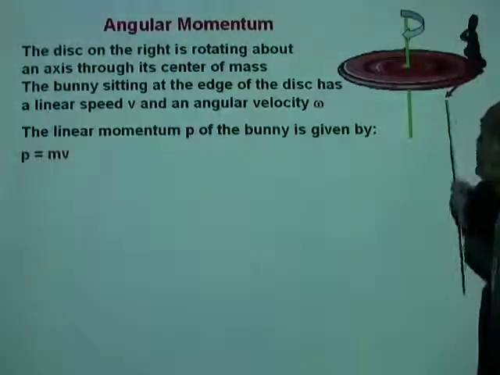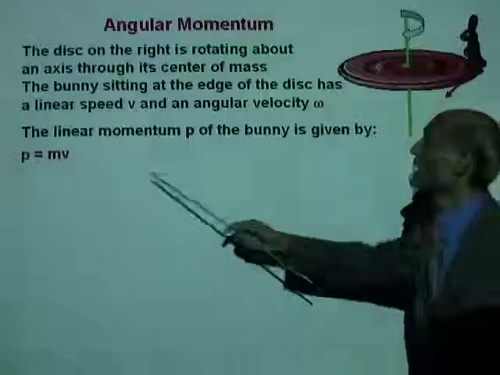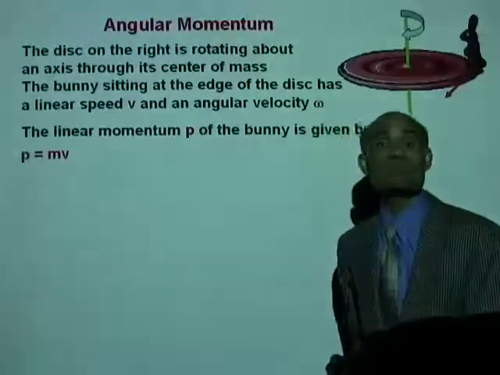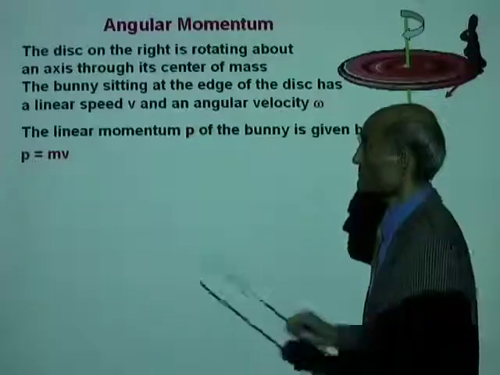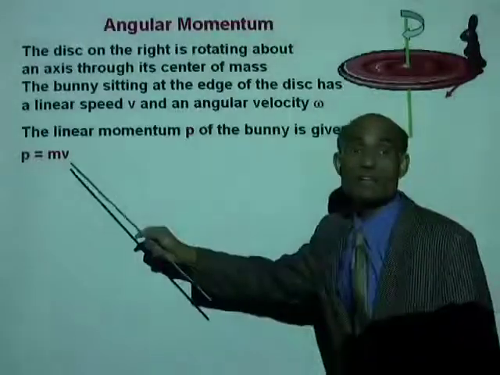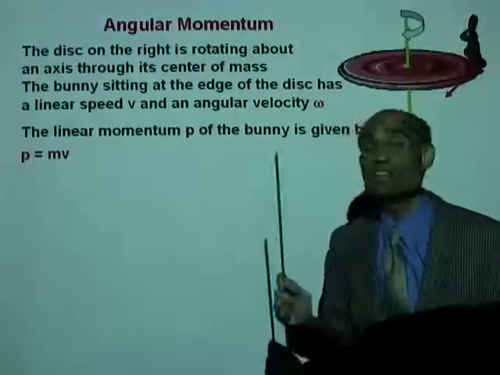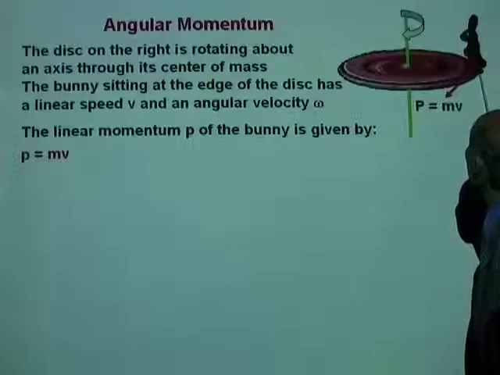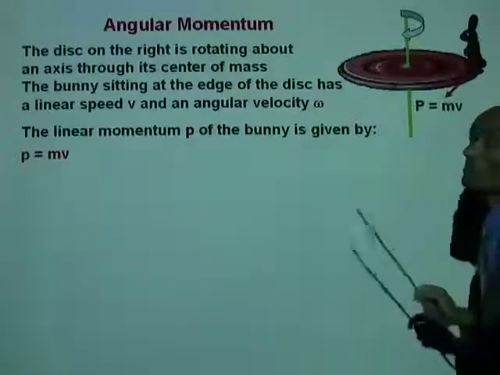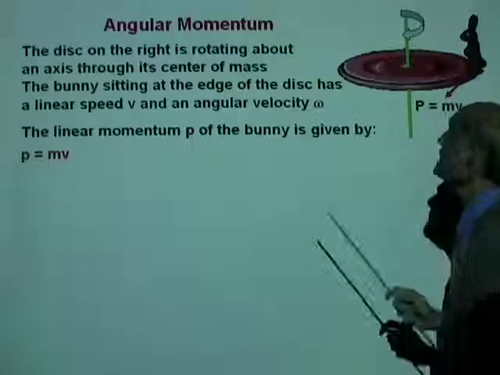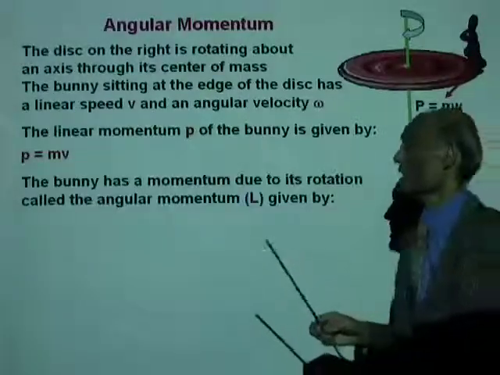So this is the direction of the momentum, and its momentum is p equal to mv, where m is the mass of the bunny and v is its linear velocity. So the linear momentum of the bunny going round and round is p equal to mv.